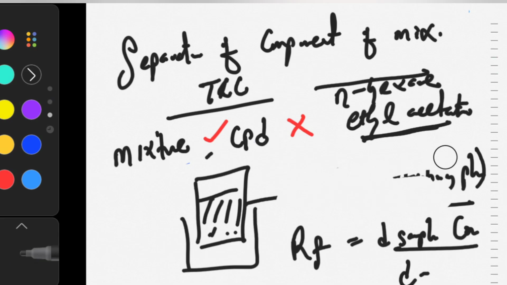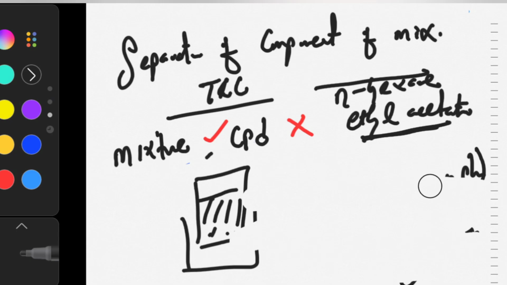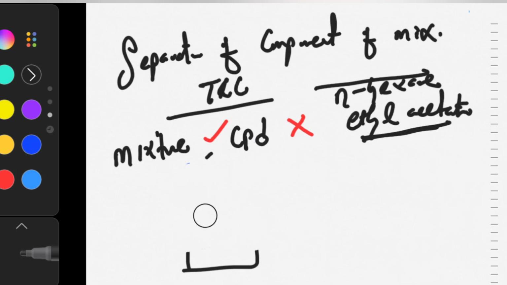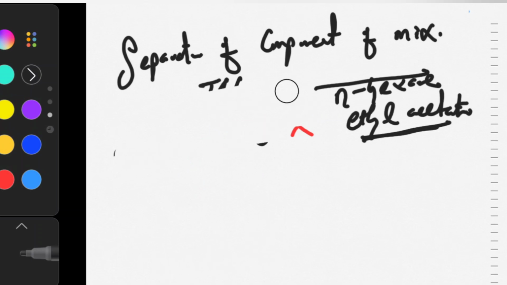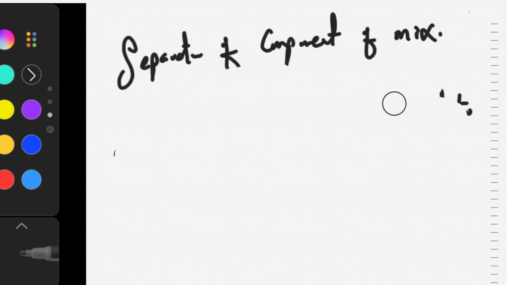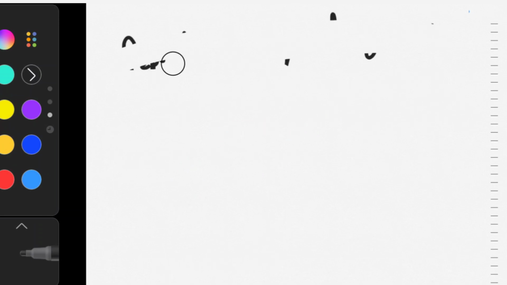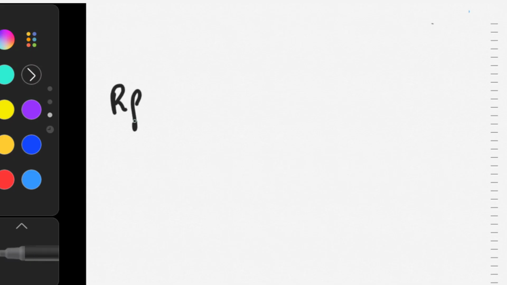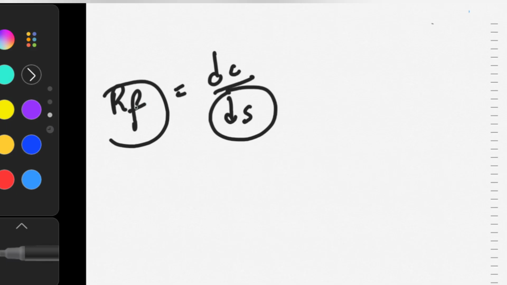And in a case probably you are given retention factor, you could be asked to find the distance moved by the component of the sample, or you could be asked to find the distance moved by the solvent itself. All right, since you already know that retention factor is distance moved by components of sample over distance moved by the solvent, if you know this and you know this, you can get this.